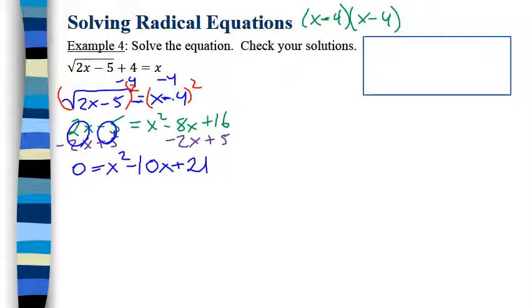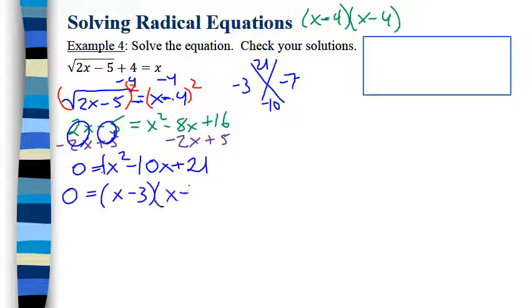And so now I'm looking for the multiples of 21 that add to negative 10. So what multiplies to 21? Because remember a is 1, c, but adds to negative 10, and so negative 3 and negative 7 most certainly work out. So let's go ahead and factor this quadratic to x minus 3 times x minus 7.